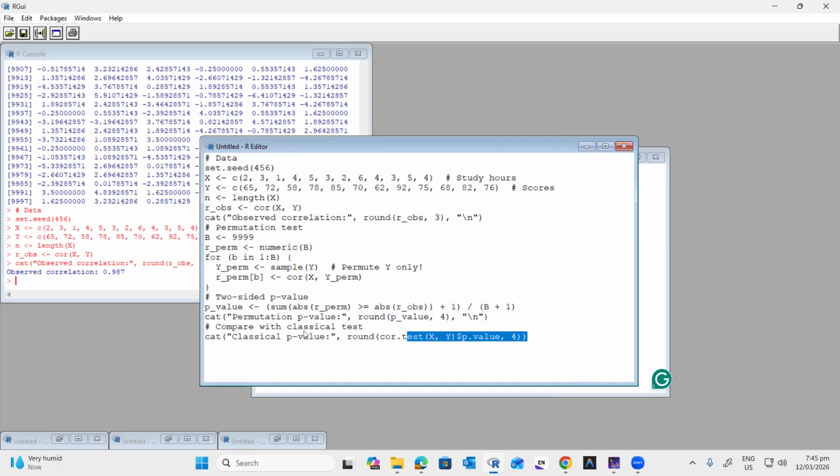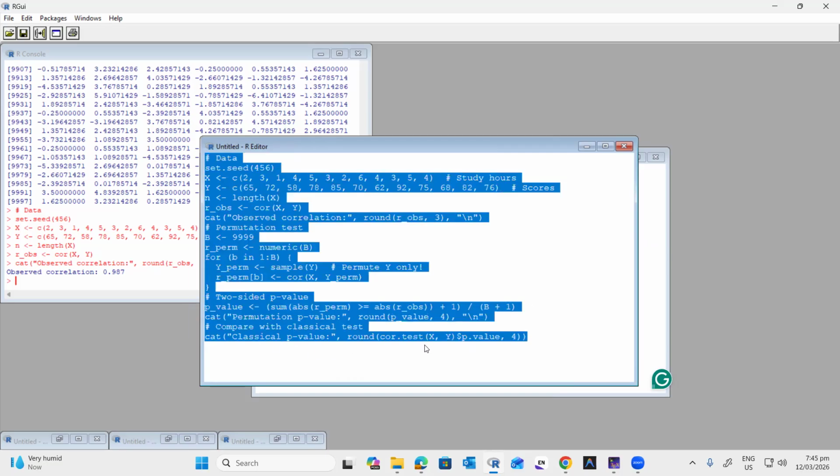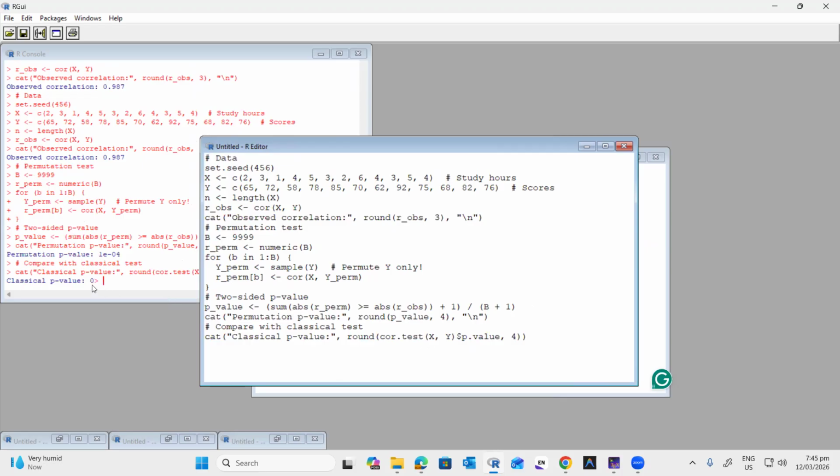Then we calculate the permutation P value and the classical P value from the cor test. The classical P value is 0, and the permutation test value is again almost 0, and the observed correlation is 0.987.